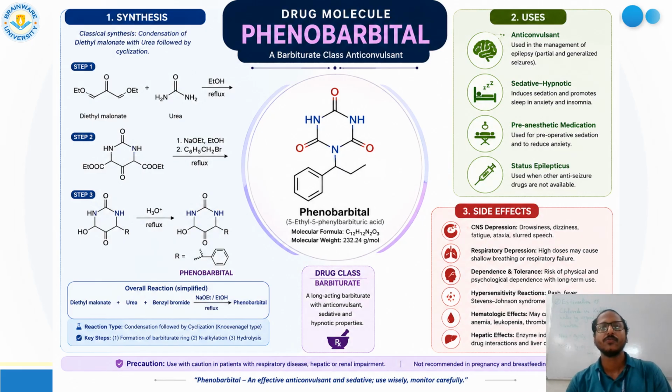The last one I want to share with you is phenobarbital. This medicine, or drug, is used to relieve anxiety. It starts from malonic ester, diethyl malonate, with urea, and after two or three steps we finally get this kind of product.